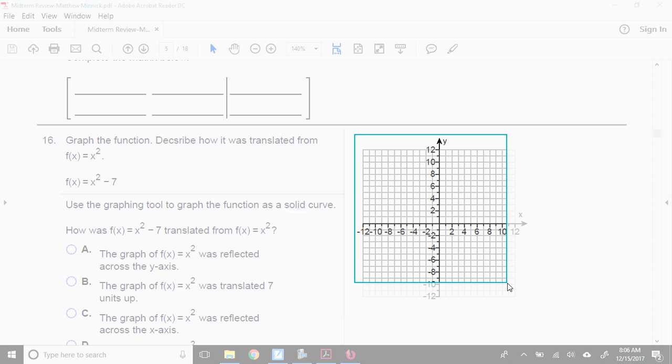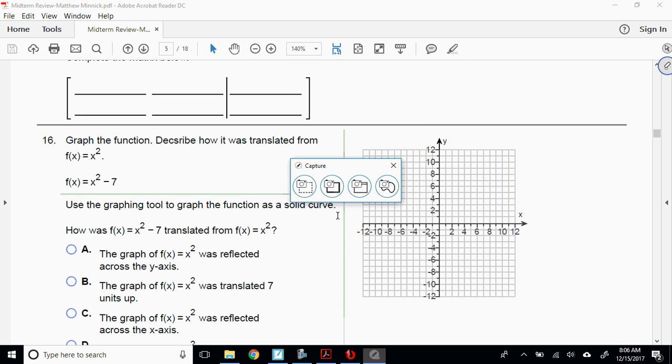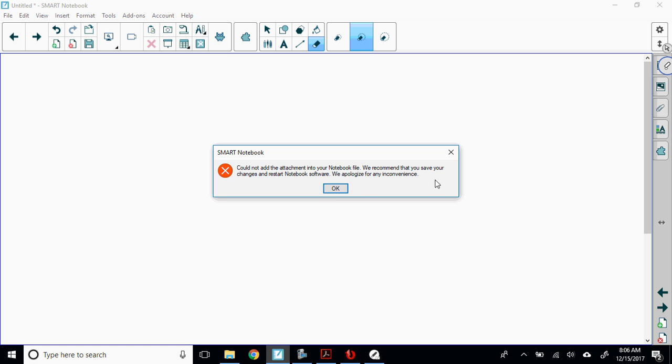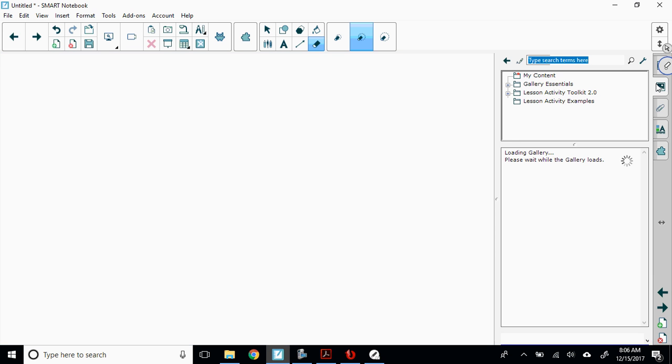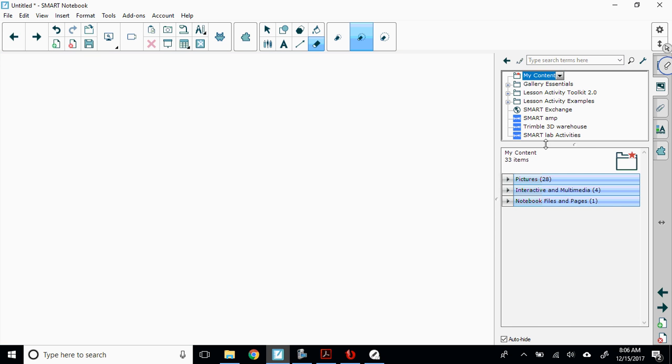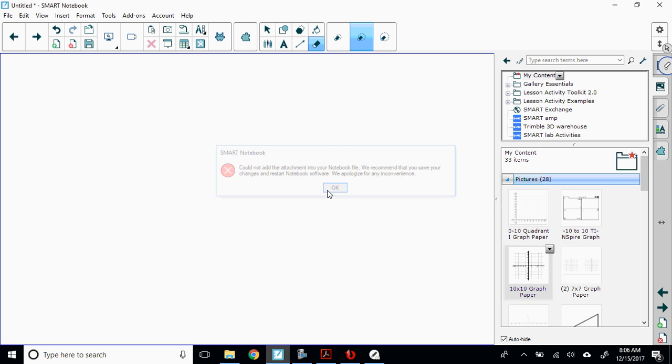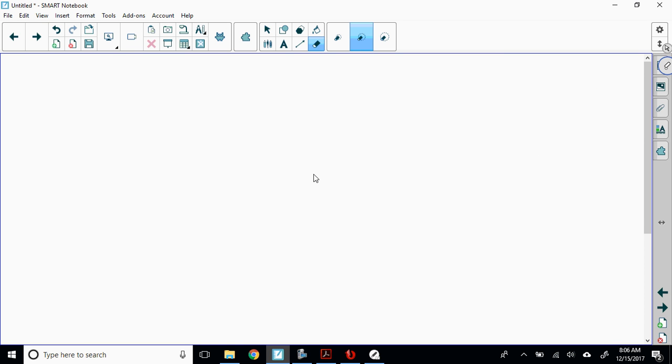Try it one more time. It really doesn't like that. The computer's not good at all at multitasking. That's okay, we'll make do. Apparently I can't add anything. All right, so I have to do this the old-fashioned way.